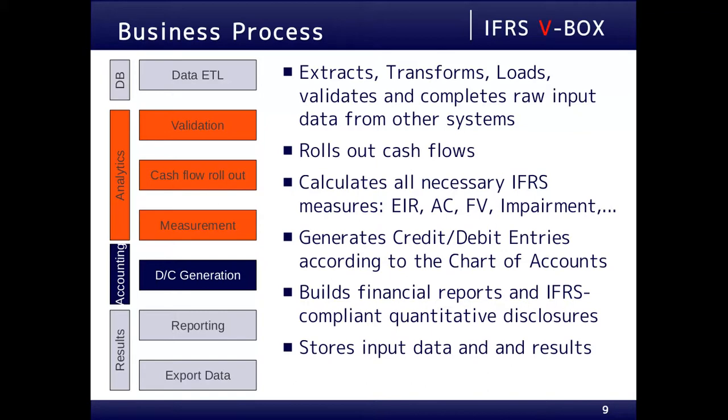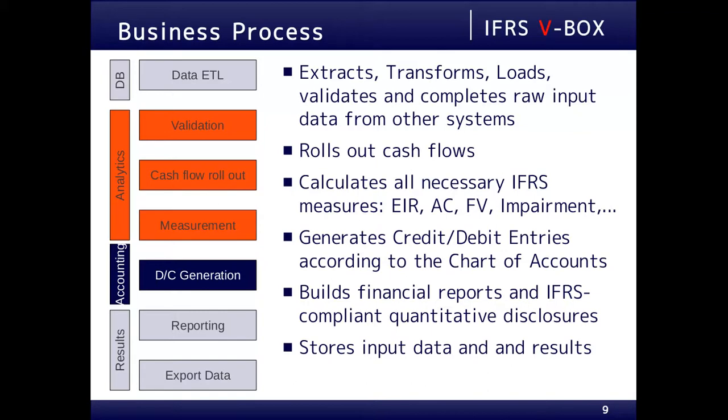Once the IFRS measures are calculated, they are passed to the accounting engine. The accounting engine generates automatically debit and credit entries using an internal general ledger. This general ledger is either a best practice IFRS chart of accounts delivered by us or an individual chart of accounts configured specifically according to the bank's preferences.